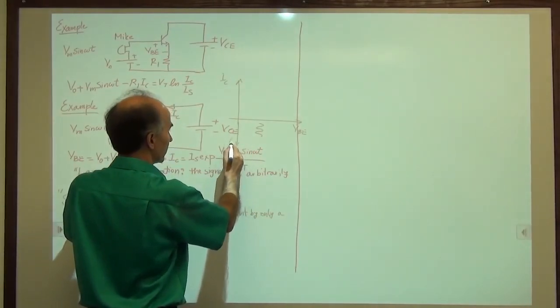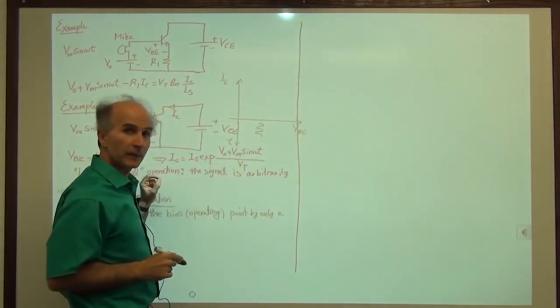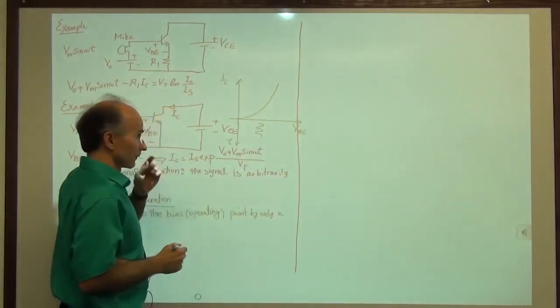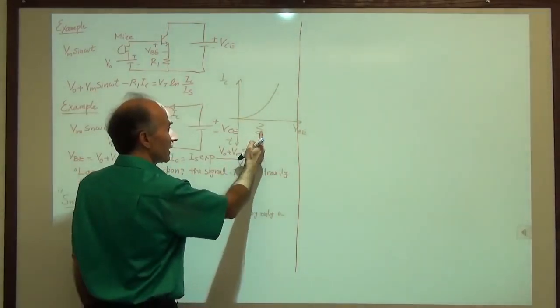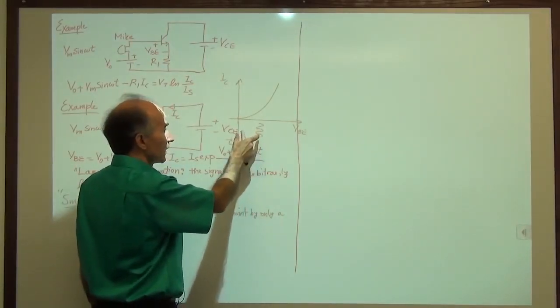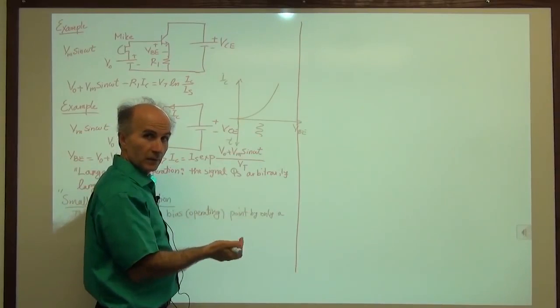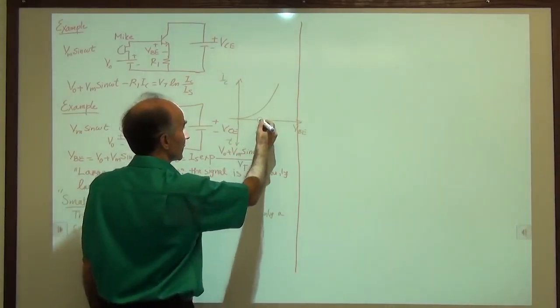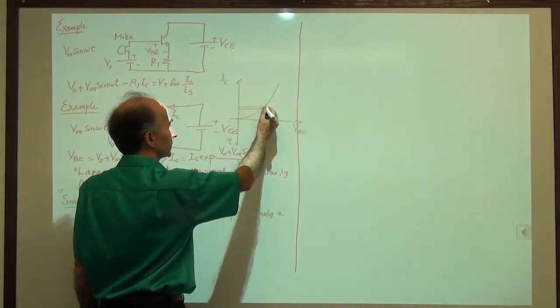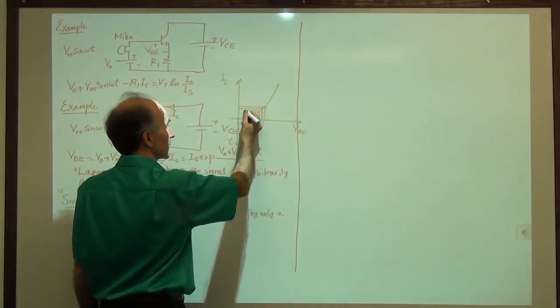Remember how we combined these two. So the exponential function looks like this. If this microphone signal perturbs the base emitter voltage, or more importantly, the collector current by a small amount, you see it perturbs it by this much.